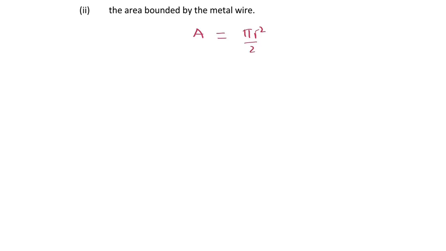Okay, so now let us substitute the values for the radius and the pi. Then our equation is going to be area equals to 22/7 times 14 squared over 2, of which after solving the values we are having 308 centimeter squared, and this is going to be our answer.